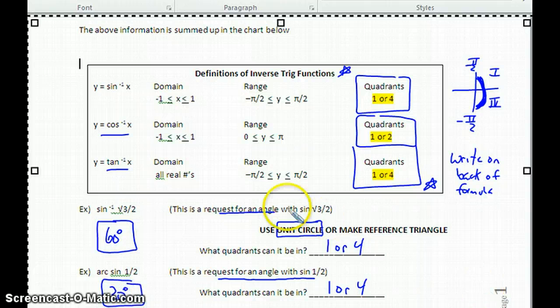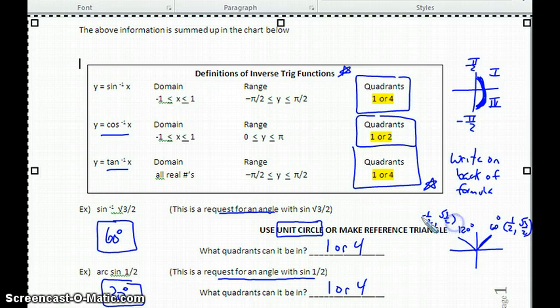One other thing I want to draw your attention to, if we're looking at the unit circle, if we go back to this example, 60 degrees had a coordinate point of 1/2 comma square root of 3 over 2. So that's where I was getting the sine of square root of 3 over 2. But if I also move to 120 degrees, that has a coordinate point of negative 1/2, square root of 3 over 2.